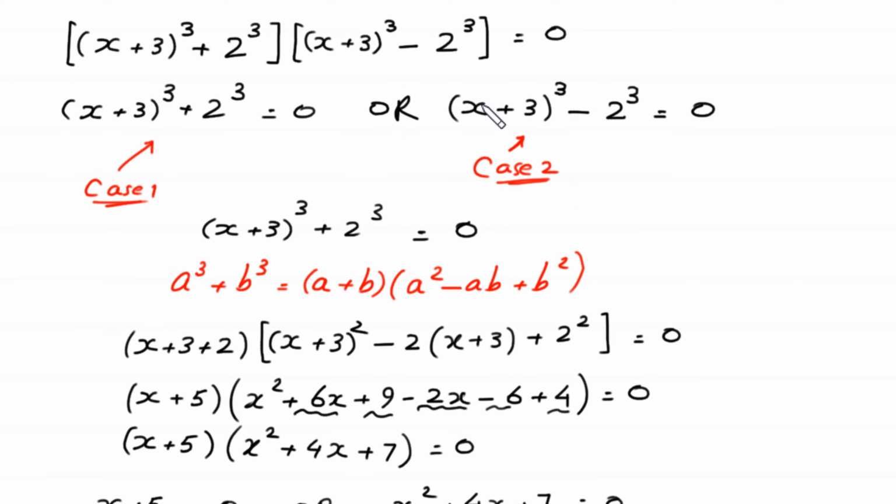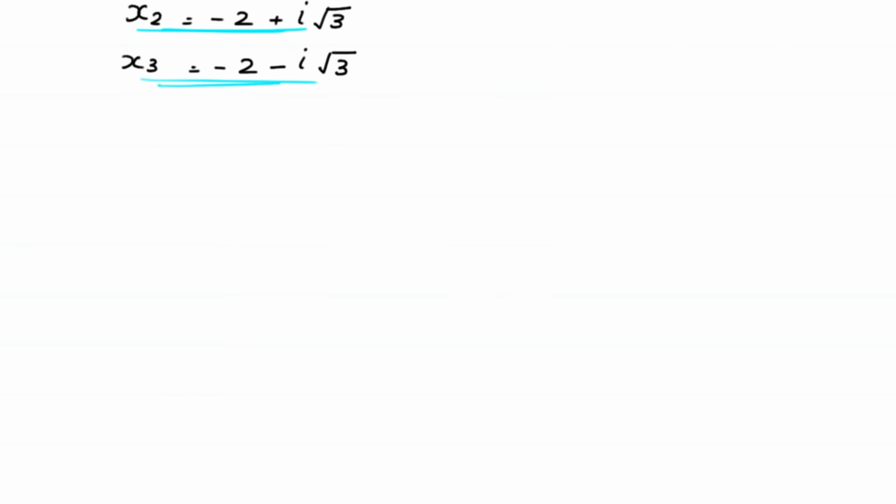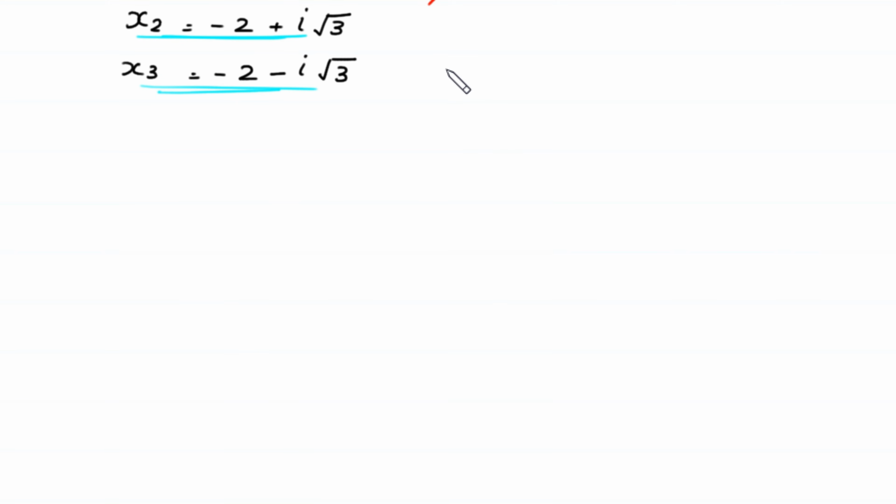In case 2 we have (x plus 3) whole cubed minus 2 cubed is equal to 0.